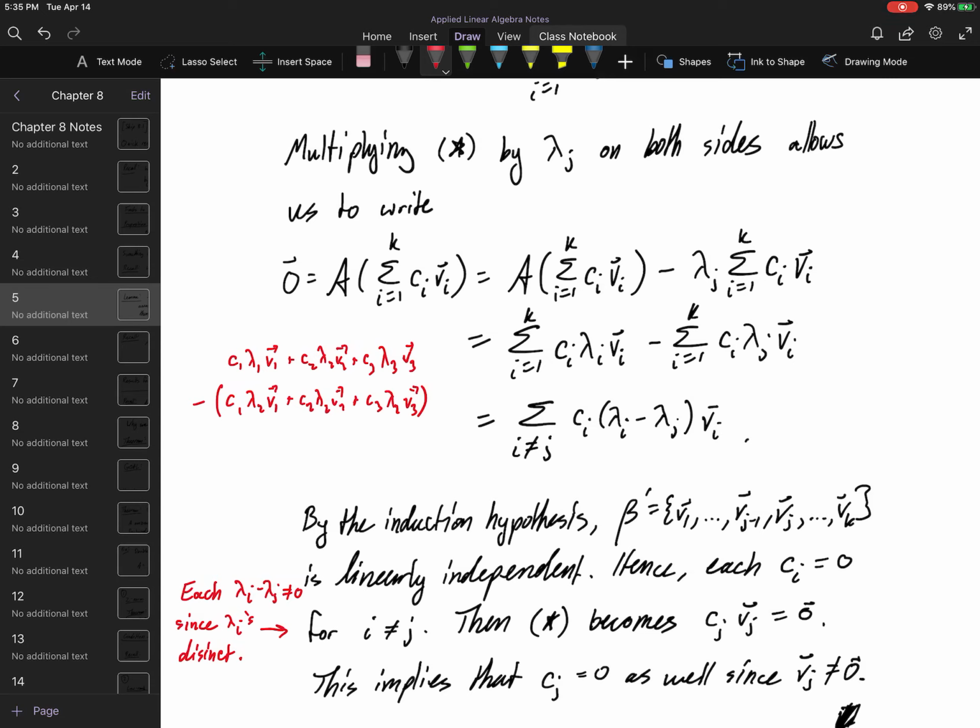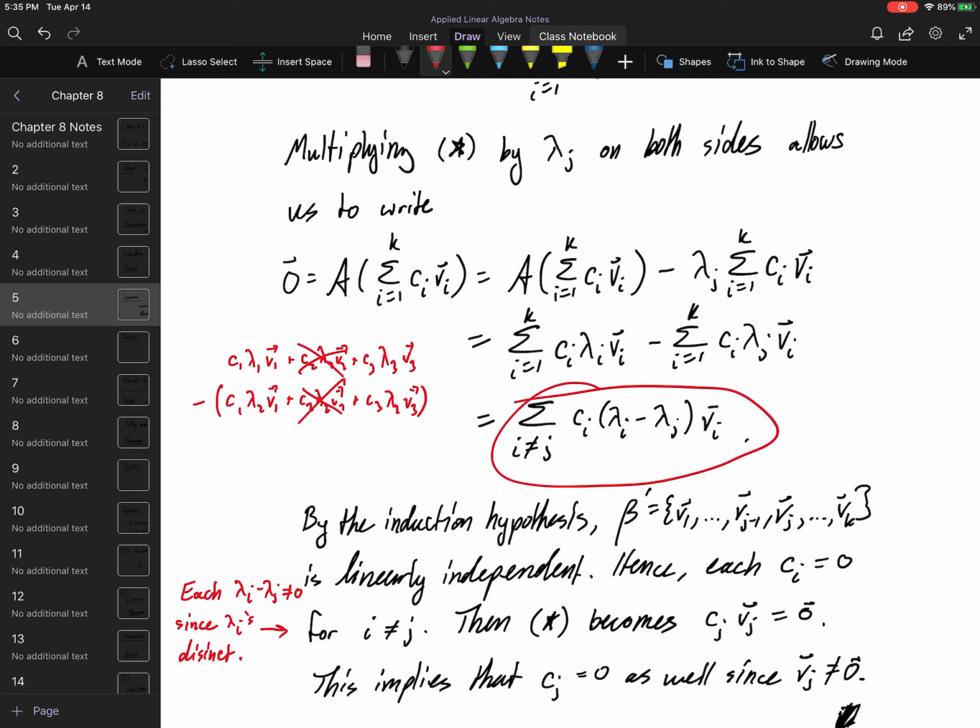So instead of shifting the index on lambda j here, lambda j is actually fixed at a particular number. So I'm still going through each of the vectors V1, V2, V3, but I'm using just the same eigenvalue multiple on each of those, which means that the two vectors corresponding to lambda 2 cancel each other out in that difference.